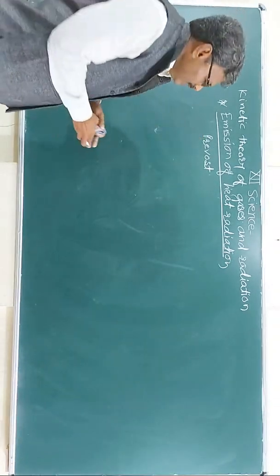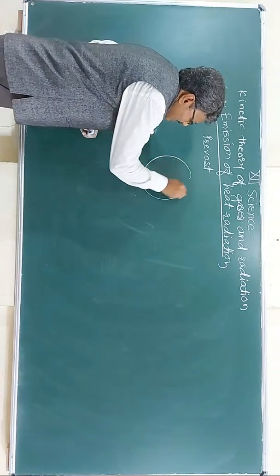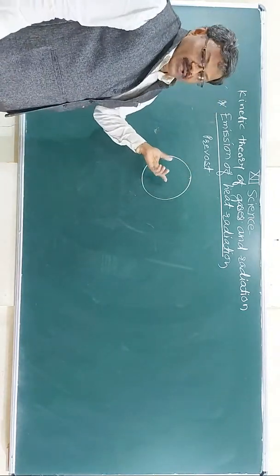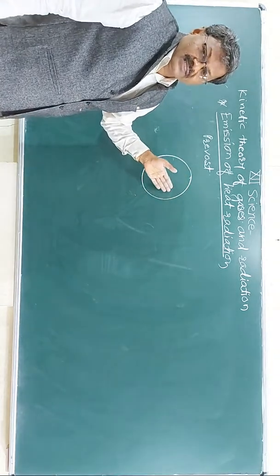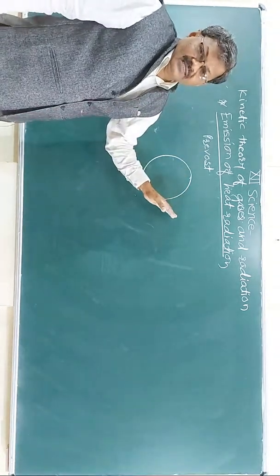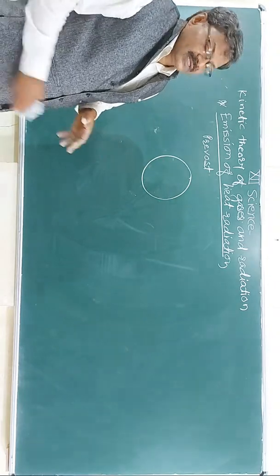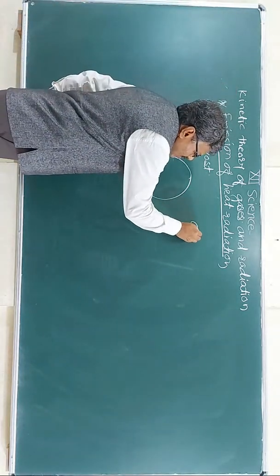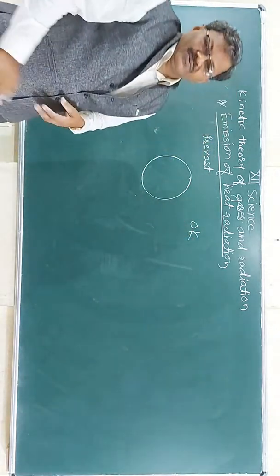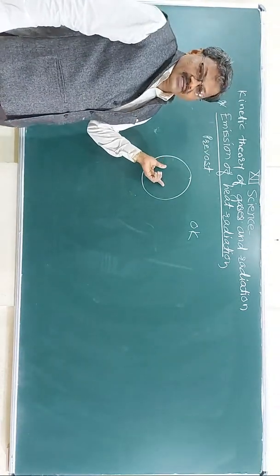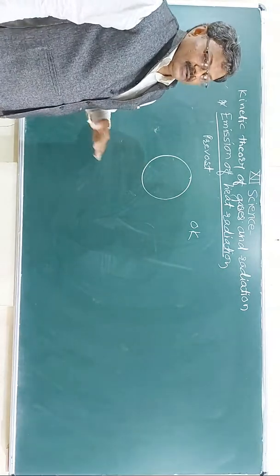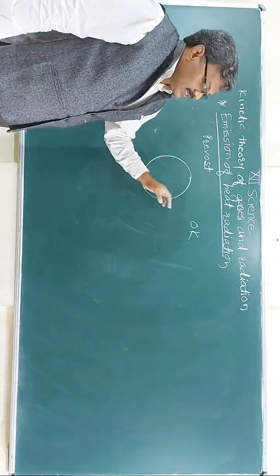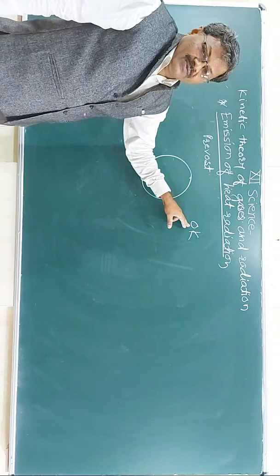It means that when a body is kept at any place, all bodies emit or radiate energy at all temperatures except 0 Kelvin. In other words, all bodies radiate or emit energy at all temperatures above 0 Kelvin.